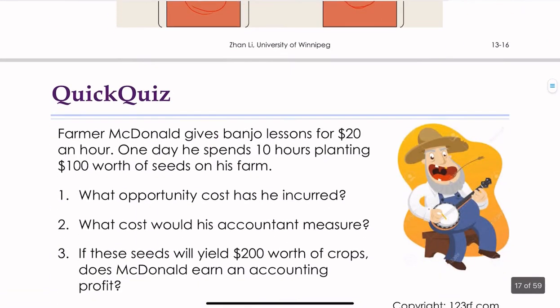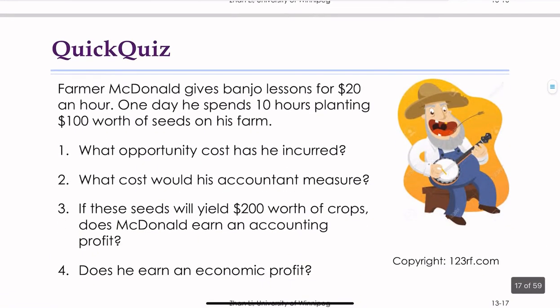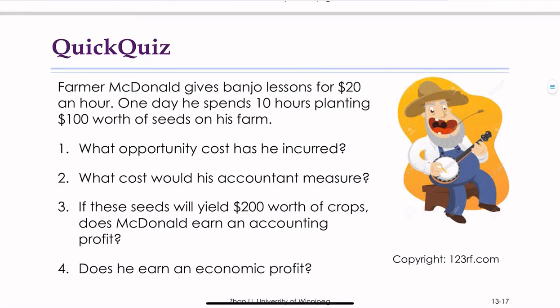Okay. Now let's see this example here. So farmer McDonald gives banjo lessons for $20 per hour. One day he spends 10 hours planting $100 worth of seeds on his farm. What opportunity cost has he incurred? Well, first, explicit opportunity cost.